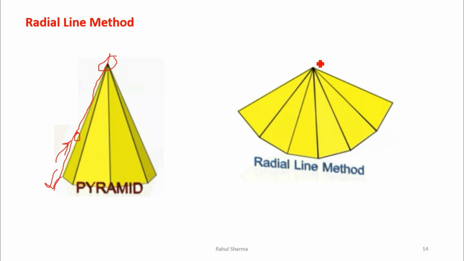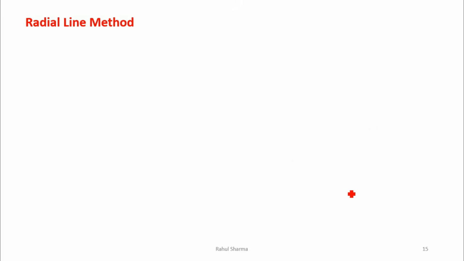So that is why this apex will exist in the object like this. And as this is a hexagonal pyramid, base edges are there, so the base has straight edges. All the base edges are straight in shape like this. So when you cut a pyramid, it will have this type of shape, and this is known as radial line method. I'll show you one example.